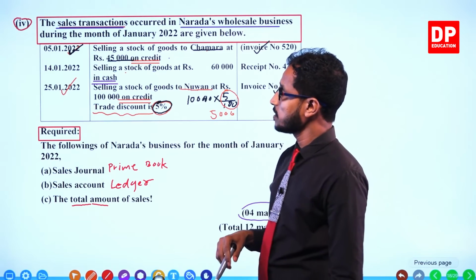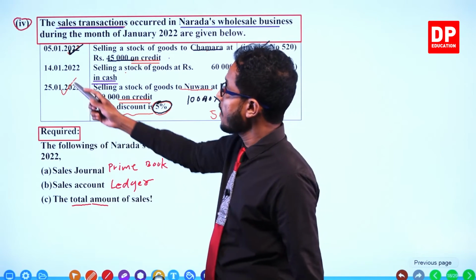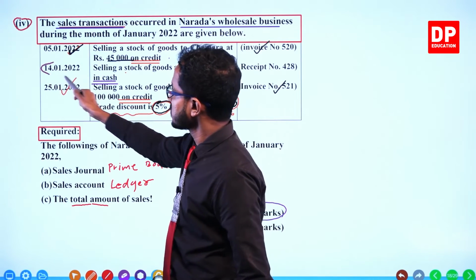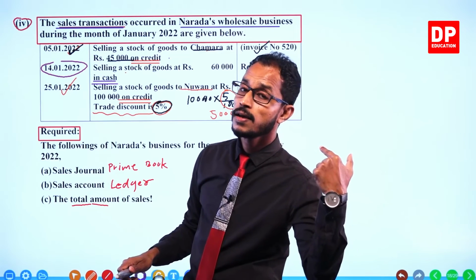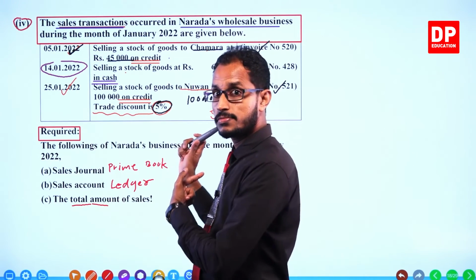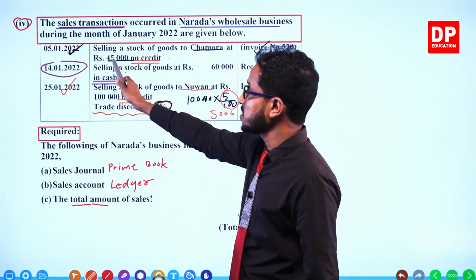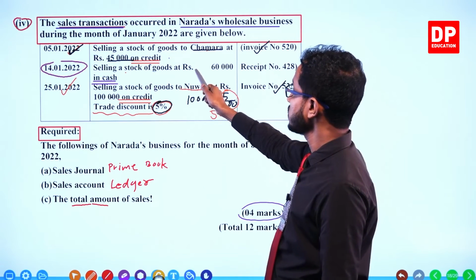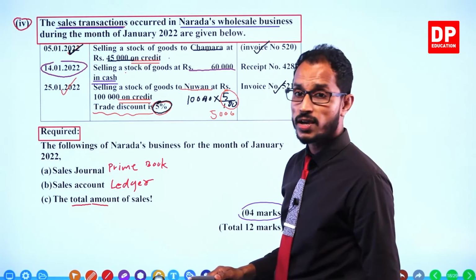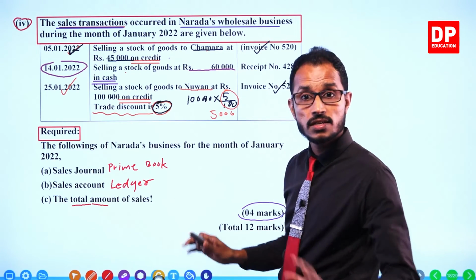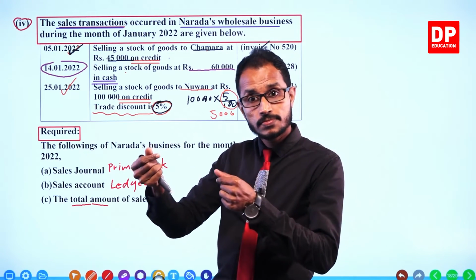All right, now what about the cash sale? Cash sale, you have this transaction which we did not take to the journal. Now, selling a stock of goods at 60,000 rupees in cash. You don't record this in the sales journal, because it's a cash sale.